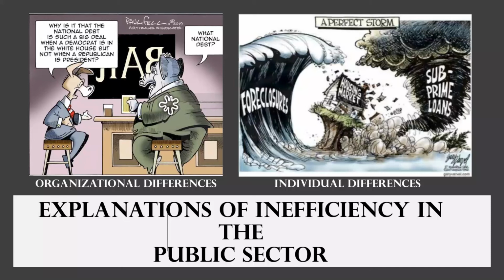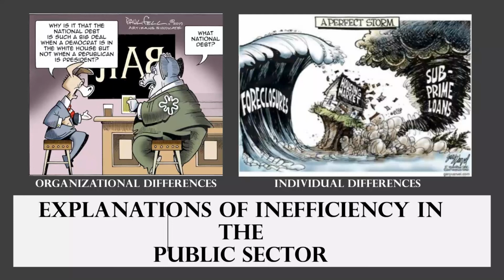Organizational differences have a lot to do with the rules that are in place, and these could be not only rules but laws, legal restrictions, policy restrictions, state laws, and even constitutional restrictions that make it very difficult for the public sector to be efficient because they have to abide by the law.